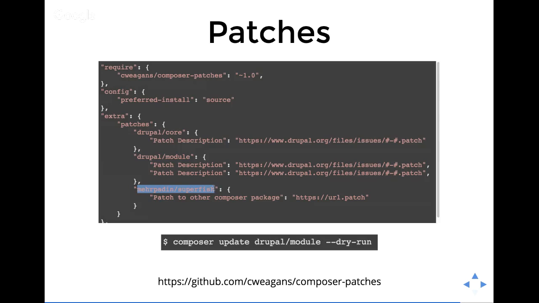So this is maybe a situation where I need the library to be a little bit different, but I don't want to start maintaining my own copy of that library. I'm able to apply the patch, and the core thing is still untouched. So when I run composer install, it's going to go through and apply these patches for me as part of the build process. Composer update is also going to run that.